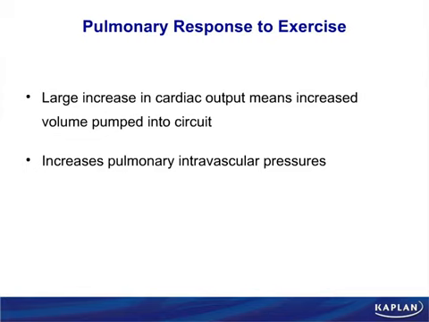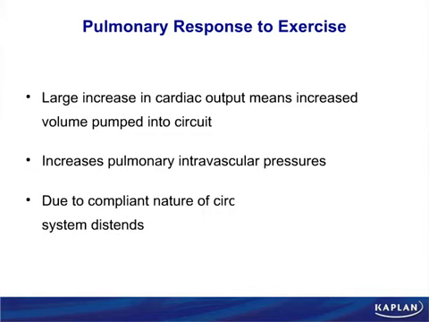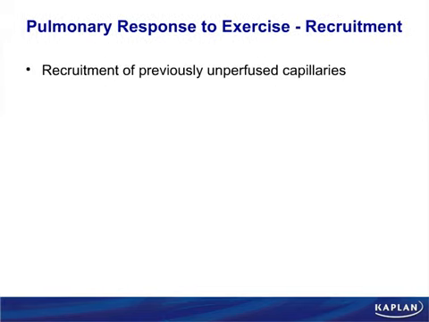But because we have a very compliant circulation, that vasculature will distend in response to this big increase in flow. And if it's distending, then radius is getting bigger, so resistance is falling. In addition to distension reducing resistance, we also have what's called recruitment.